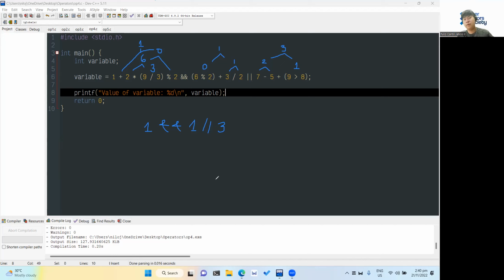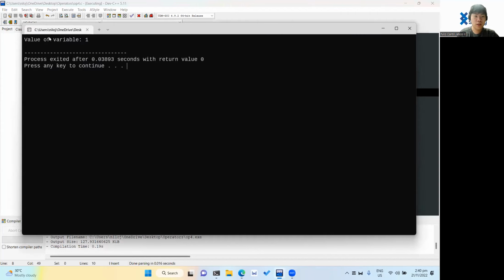So just remember that, just in case you have these kinds of problems here. And C will render it as true nonetheless. So since we have order precedence, which is and first before or, 1 and 1, that is 1. And then 1 or 3, the answer is 1. That's true. That's why in the problem here, the answer is 1.